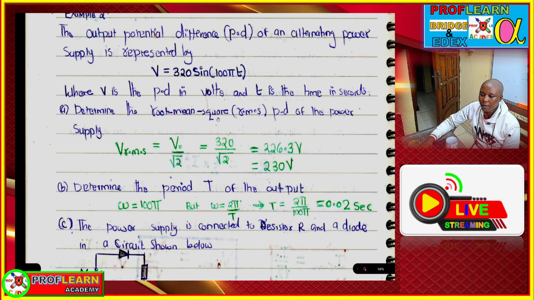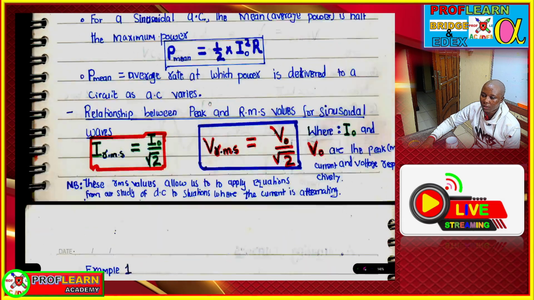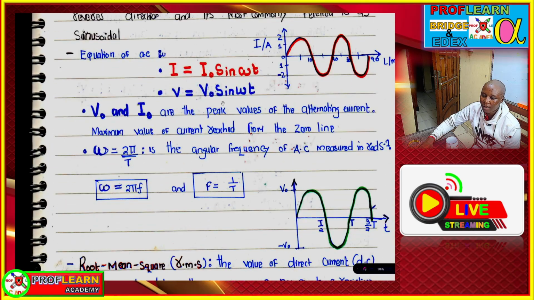Now, the angular frequency is 100 pi. So omega is 100 pi, because it's taking the position of omega here. Where we have omega, we have 100 pi.